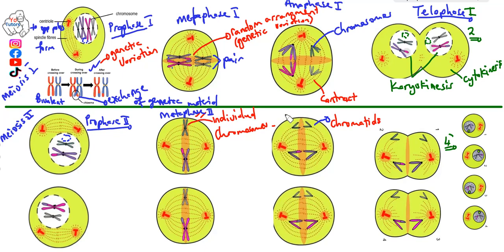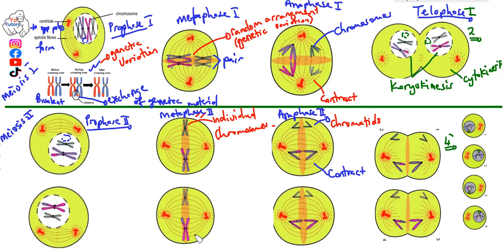Now let's move on to anaphase 2. What is unique about anaphase 2? Chromatids move to opposite poles, after your spindle fibers contract. Remember, your spindle fibers have to contract to pull chromatids to opposite poles.